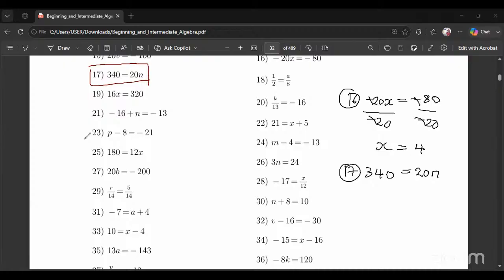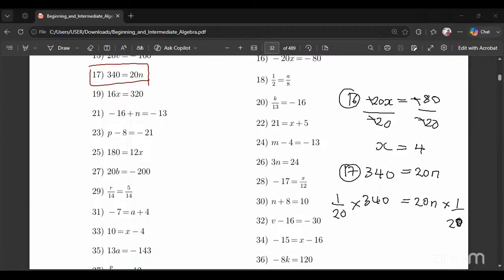The easy way is to multiply both sides of the equation by the inverse of 20, which is the coefficient of n. So that will be 1 over 20 multiplied by 340 is equal to 20n multiplied by the inverse, just to ensure that I successfully isolate the n.